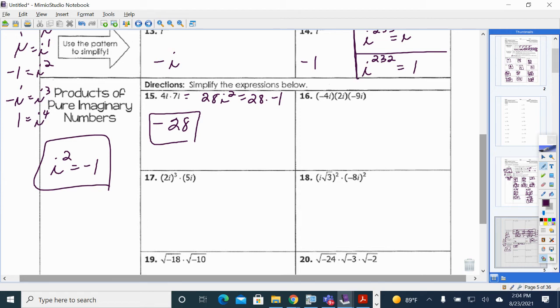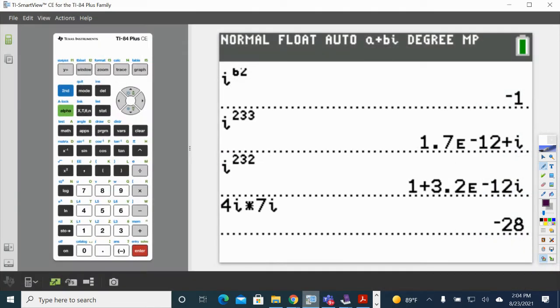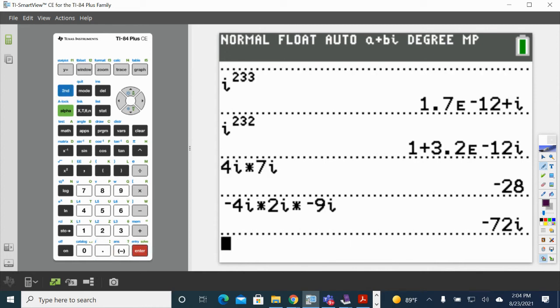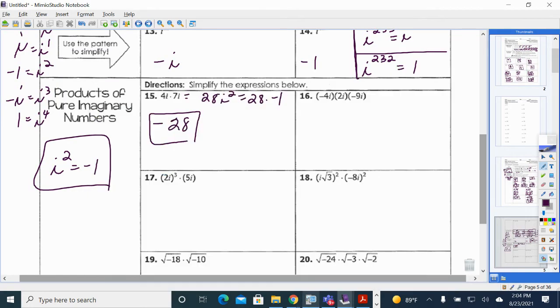Number 16, -4i times 2i times -9i. -4i times 2i times -9i is -72i.